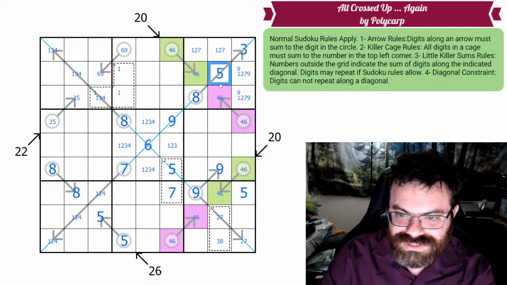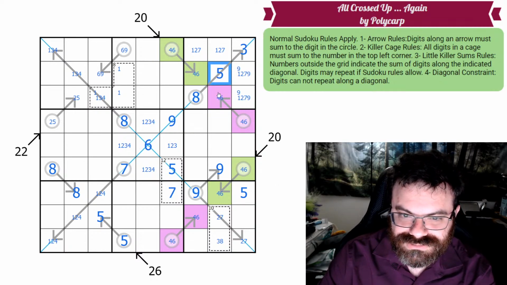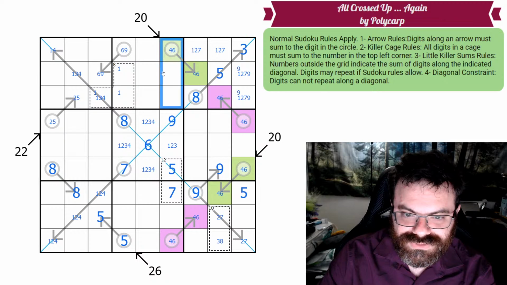That gives us this 3 and 5. This can't be 3. I'm looking at 5s, right? Yeah. 5's in one of these two. Can't be here, can't be here, can't be here.